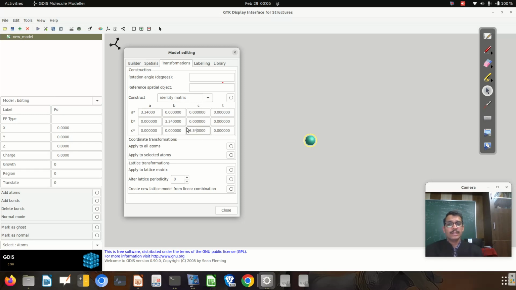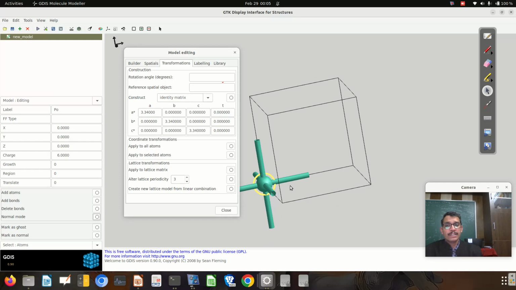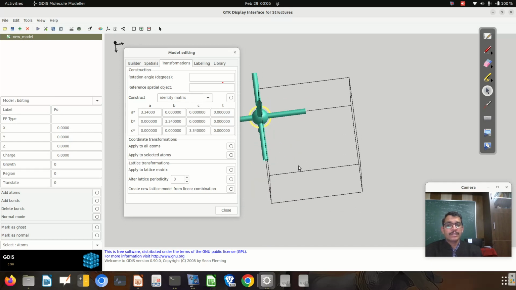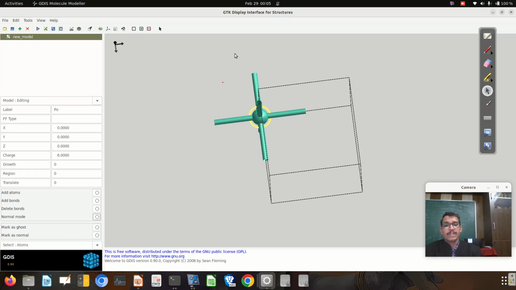These are the lattice vectors. Alter lattice periodicity is 3, and click on this, and this is confined. So this is a way, and I can save it also.